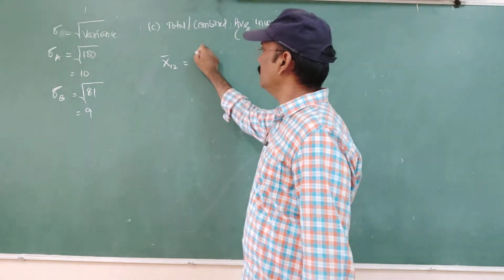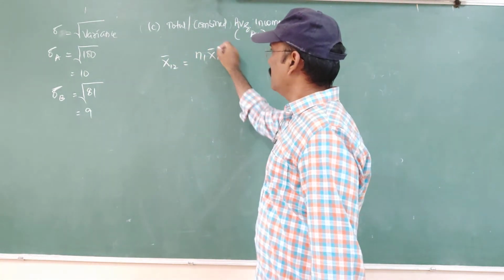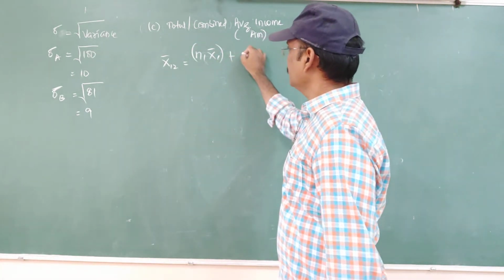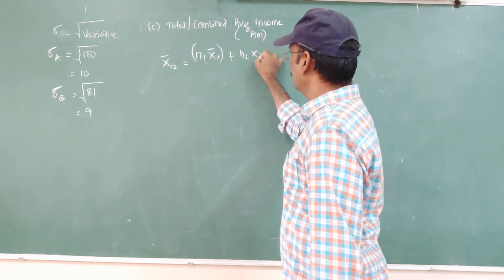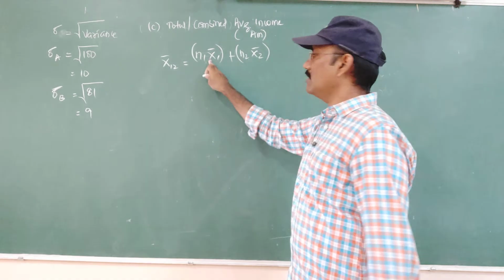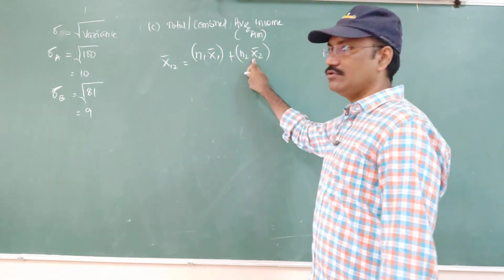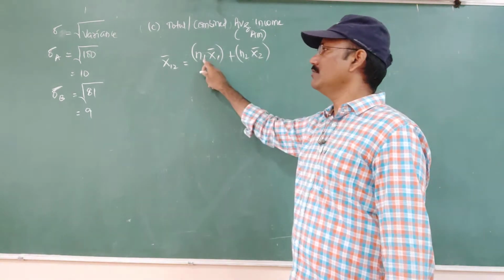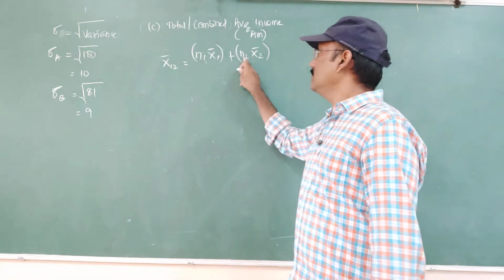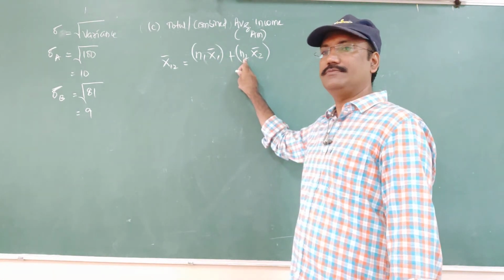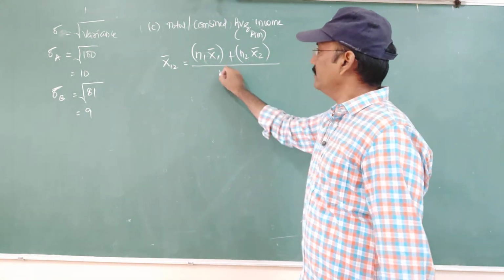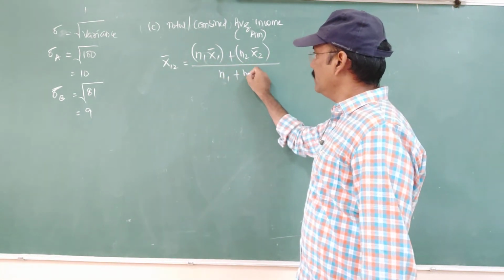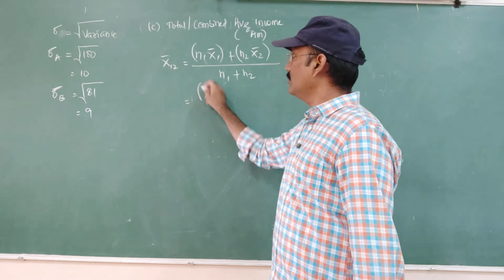X bar 1 2 equal to n1 x bar 1 plus n2 x bar 2. X bar 1 means first mean, x bar 2 means second mean. First mean means village A mean, second village B mean. N1 means village A number of people, N2 means number of people of village B, whole divided by N1 plus N2.